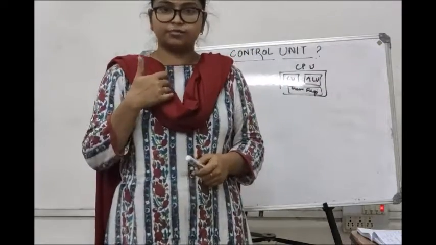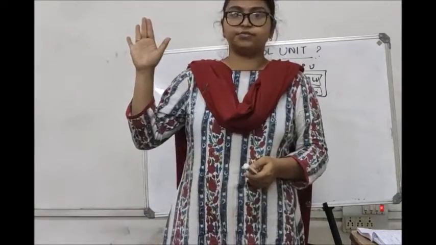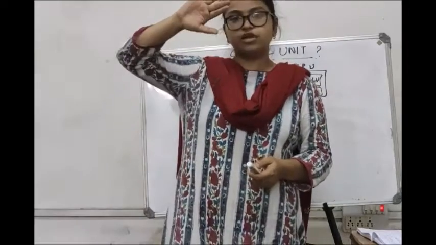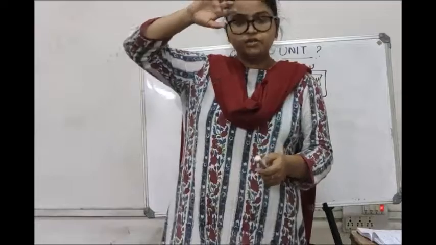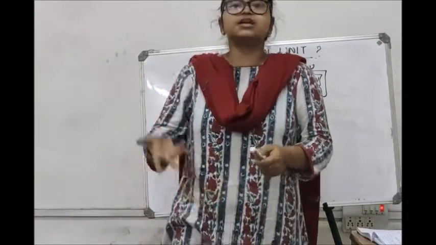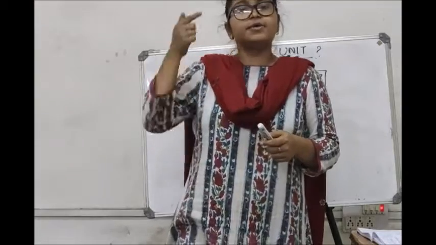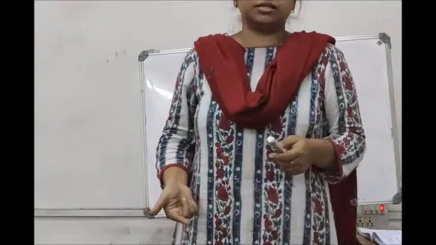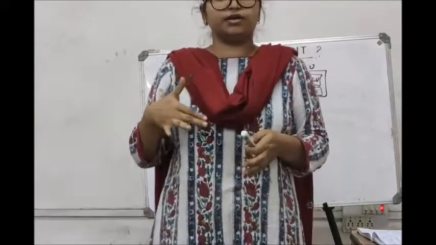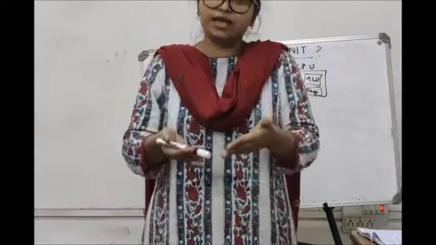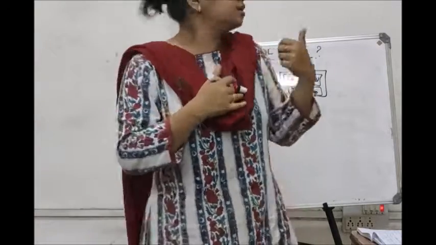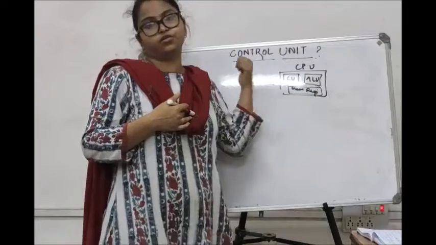Suppose someone is attacking me, I lift my hand in self-defense, because I need to protect myself. This is an involuntary action; it happens on its own because such a signal is given to us and the body reacts accordingly. Similarly, the system works according to the signals given by the control unit.